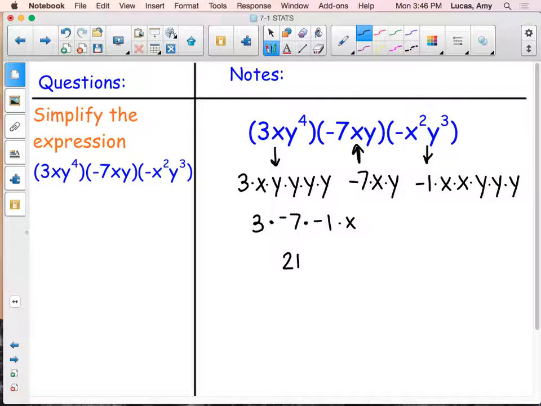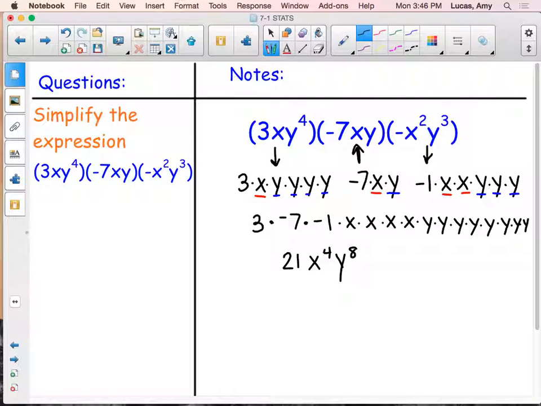And then I have an x and 2 more x's, 3 more x's, so I've got 1, 2, 3, 4 x's, so x to the 4th. And then y's 1, 2, 3, 4, 1 here, and then 3 here. Okay, so that gives me a total of 8.